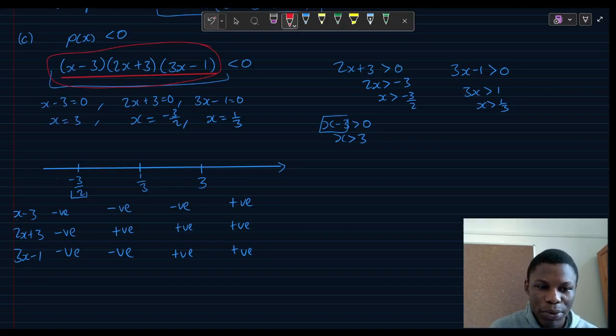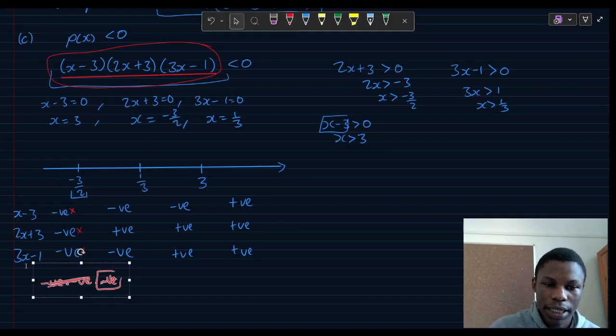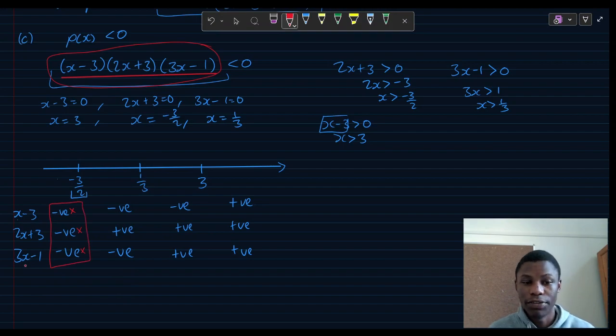So if my first bracket is negative, and the second bracket is negative, and the third bracket is negative, I'm multiplying a negative by a negative by a negative. So the first two negatives will cancel out, and overall we end up with a negative solution. So I know that this combination would give me something less than 0.